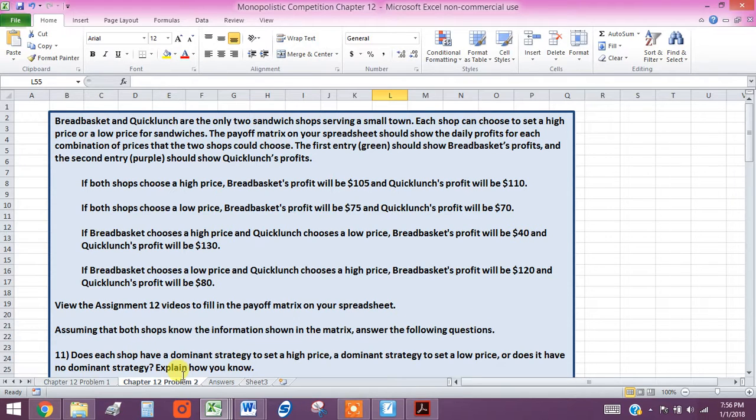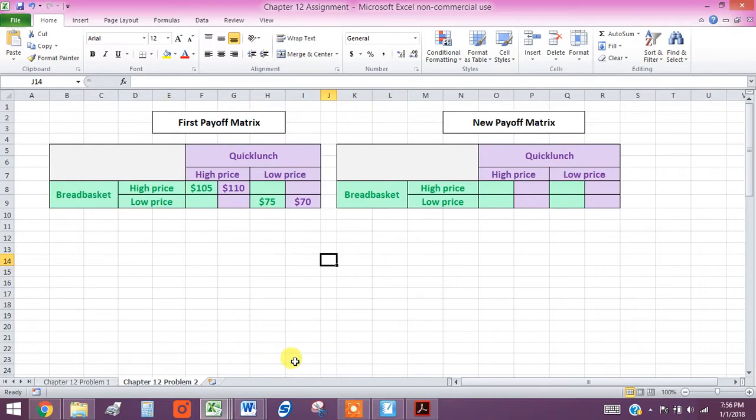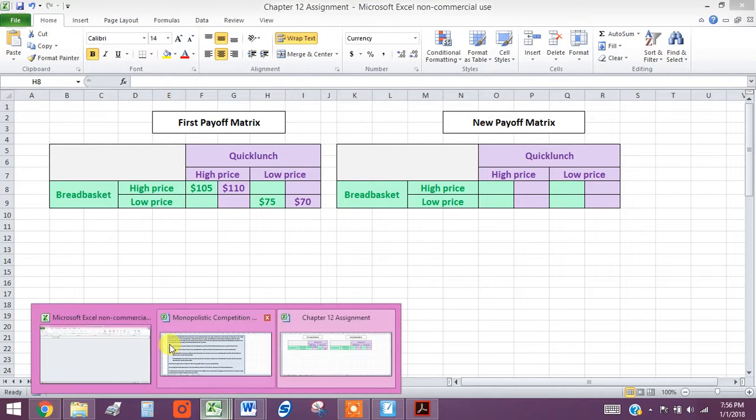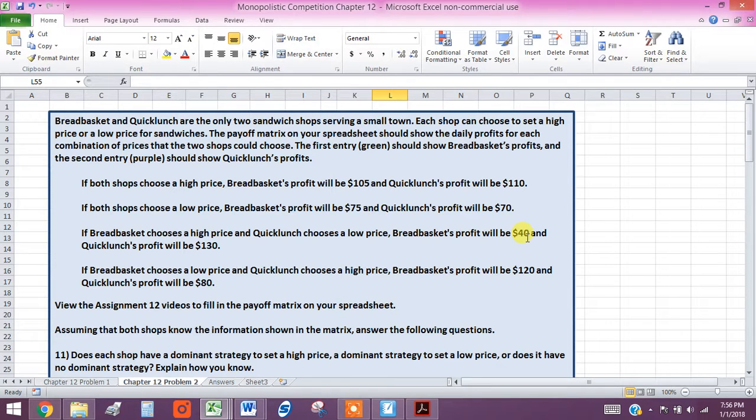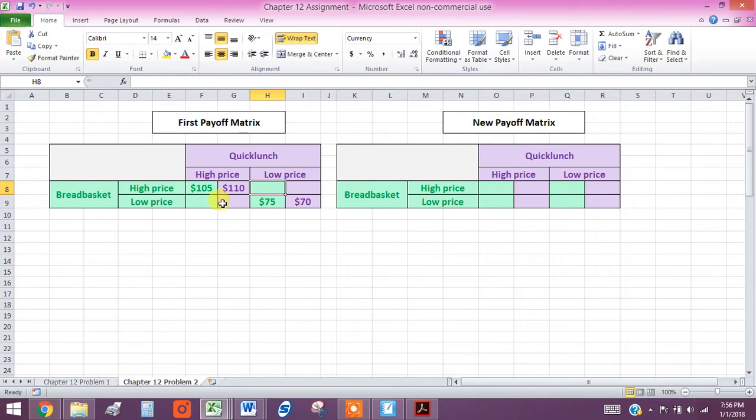Bread Basket's high is here, in the green across here. Quick Lunch's low is here. I don't remember what it was, so let's go back again. It's going to be 40, and Quick Lunch is 130. So Bread Basket's 40 right here.